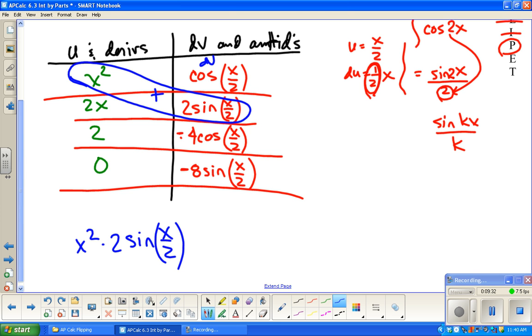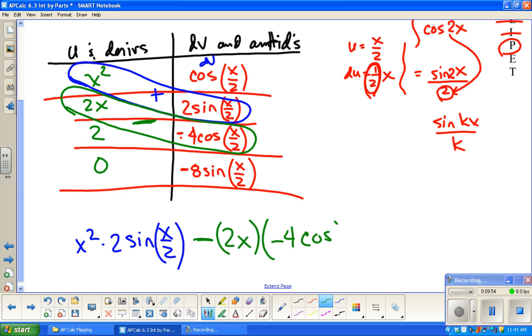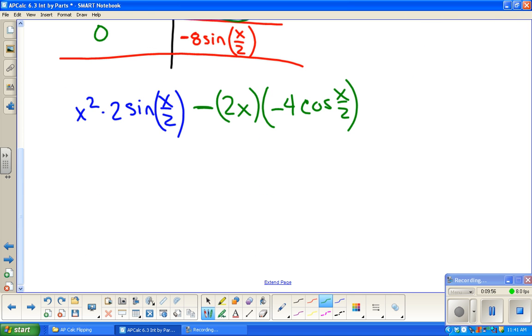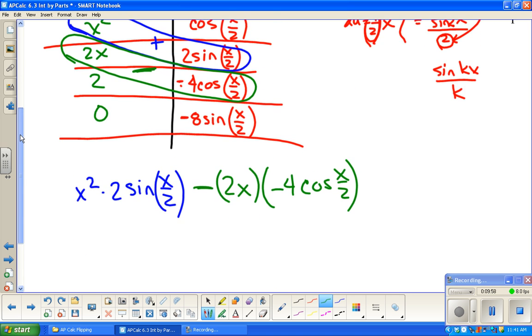So this starts out whatever sign it was. I'm going to label it positive. And then you go here on the diagonal, and this one's going to be minus, because it's uv minus the integral of. So this one's going to be minus, and it's going to be 2x times negative 4 cosine x over 2. Sorry, too far.